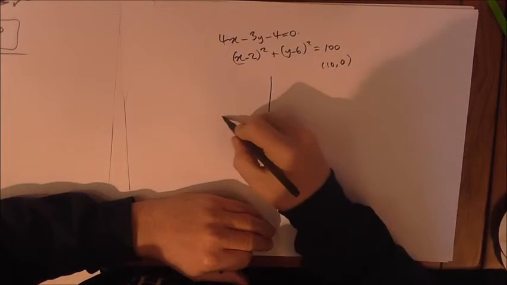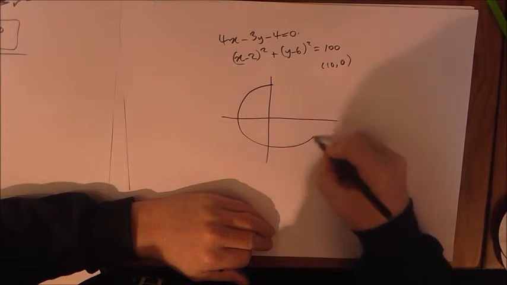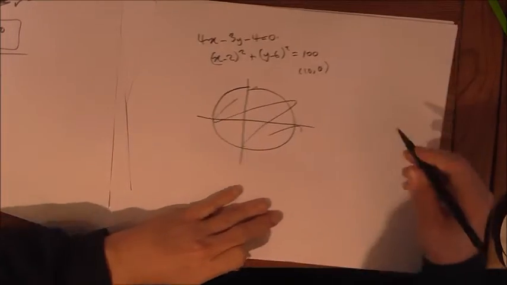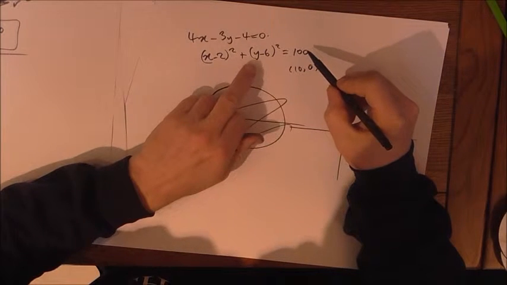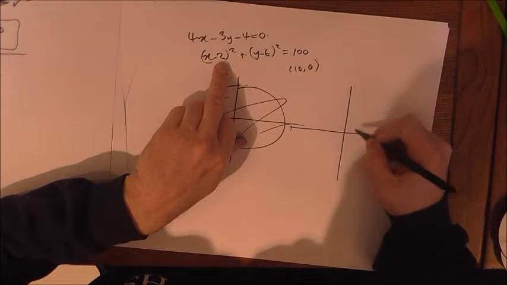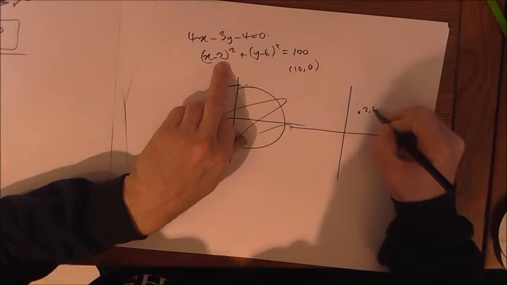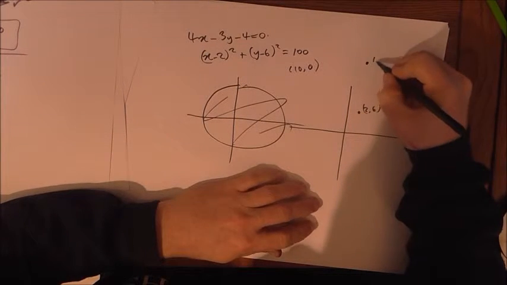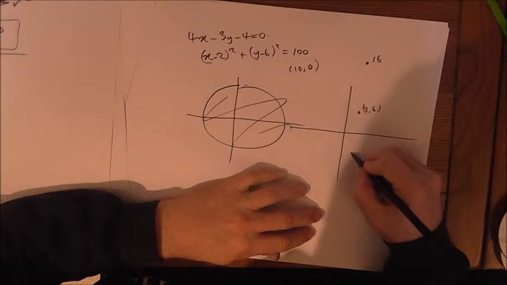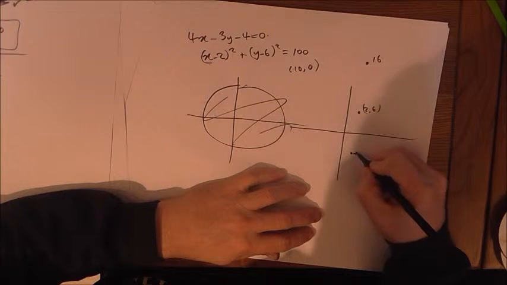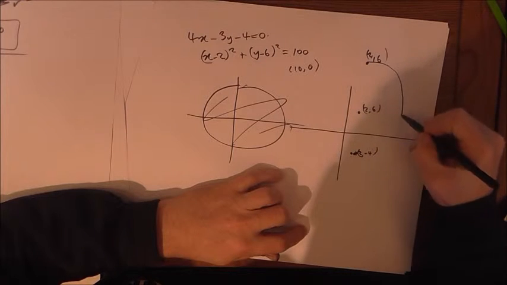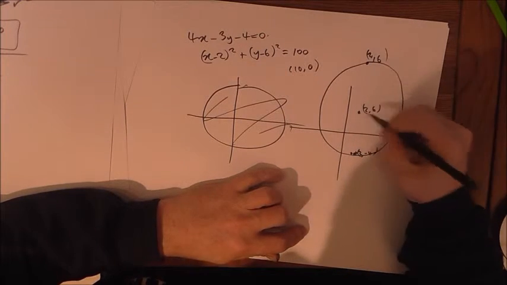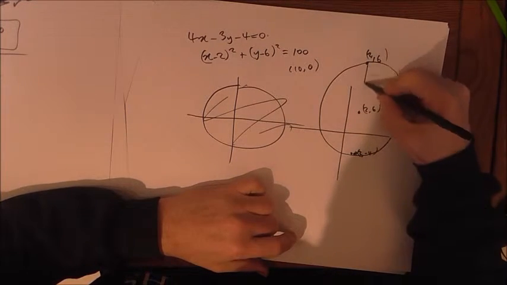Draw a diagram for this. It's really easy to graph a circle. The radius is 10, the centre is 2, 6. So it goes up to 16, down to negative 4. So that's your circle there. Got a radius of 10, as I say.